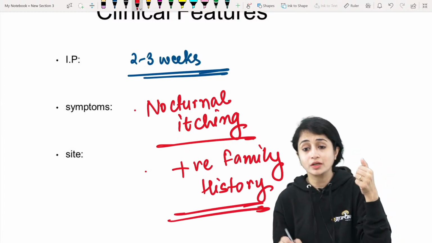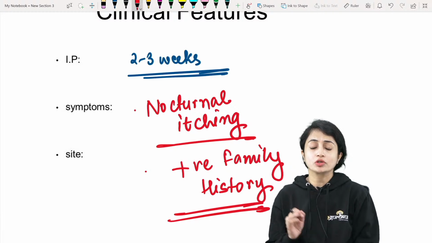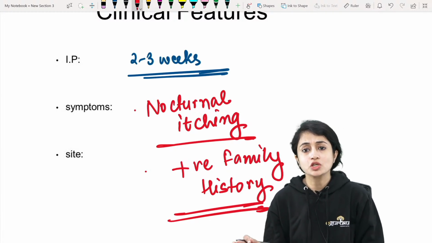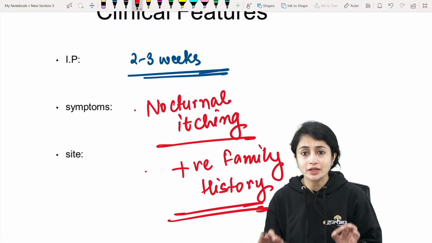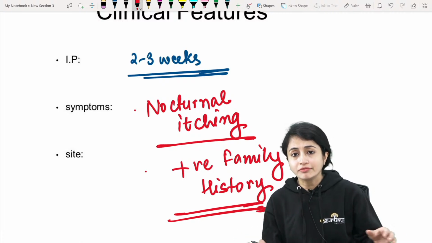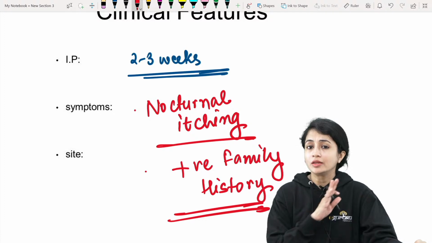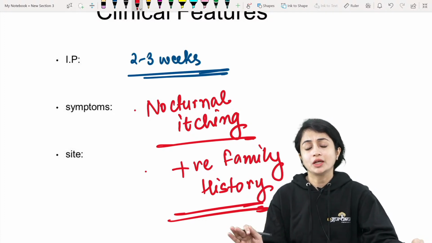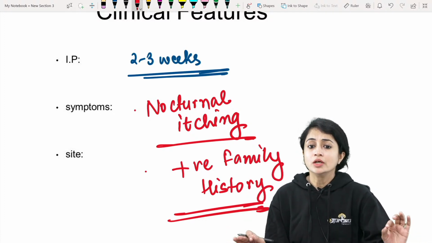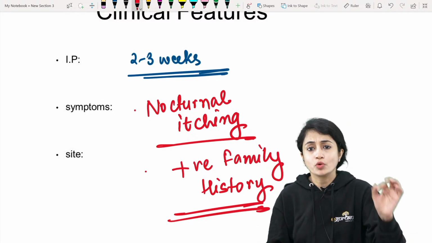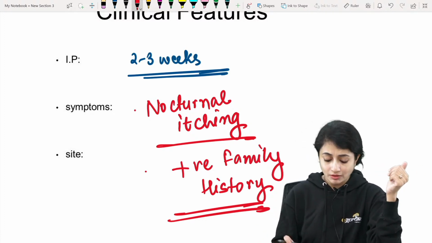So much so that if a patient tells you that I have itching which is more at night, and I have other family members also who are having itching, then there is no doubt that you have to treat that patient for scabies. So these two are very, very important symptoms or signs that we get for scabies.